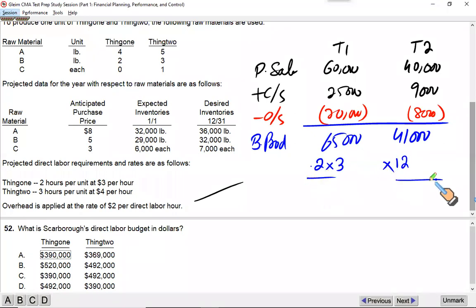So now you have to calculate the labor cost. 65,000 Thing 1 to be produced, and each Thing 1 requires $6 of labor. So it's going to be $390,000. This is the labor cost for Thing 1. And for Thing 2, 41,000 multiplied by 12, it's 492. So this is the direct labor cost for Thing 1 and Thing 2, which perfectly matches your option C. Correct answer. Very good. C is the answer.